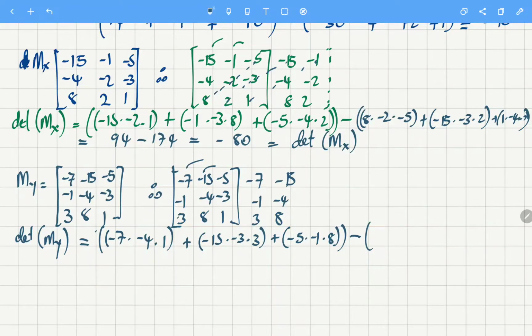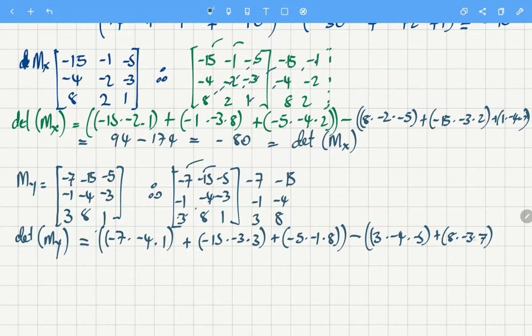Then subtracting the sum of the products of these other diagonals: 3 times minus 4 times minus 5, yeah, so 8 times minus 3 times minus 7.